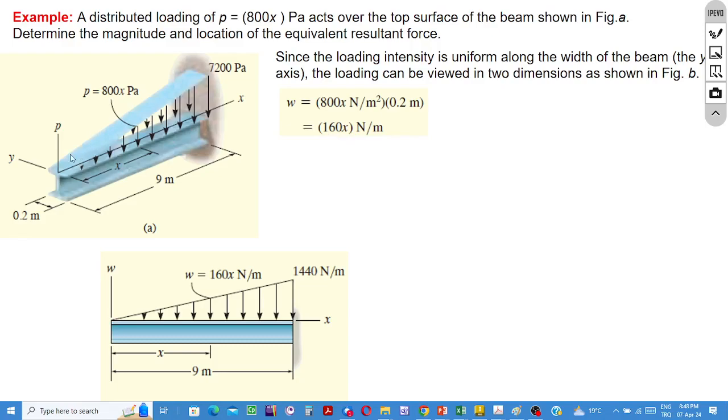The load function here in the end is 160x newtons per meter.